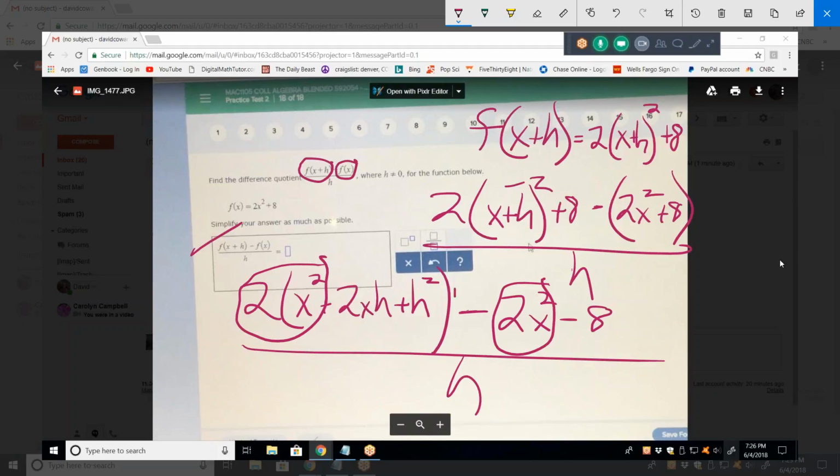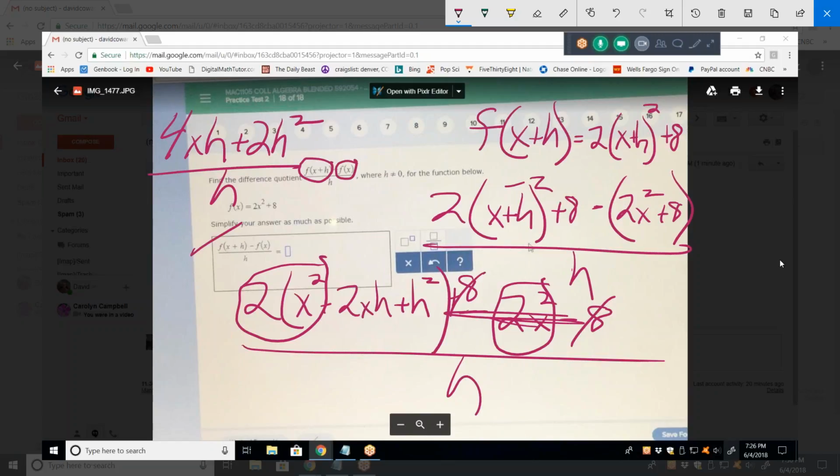I had a plus 8 here also. That plus 8 cancels out with that minus 8. So everything I'm left with only has h's in it. So here's what I got up here in the upper left: 4xh plus 2h squared. Everything else is gone. All divided by h. And now notice that the h's cancel.